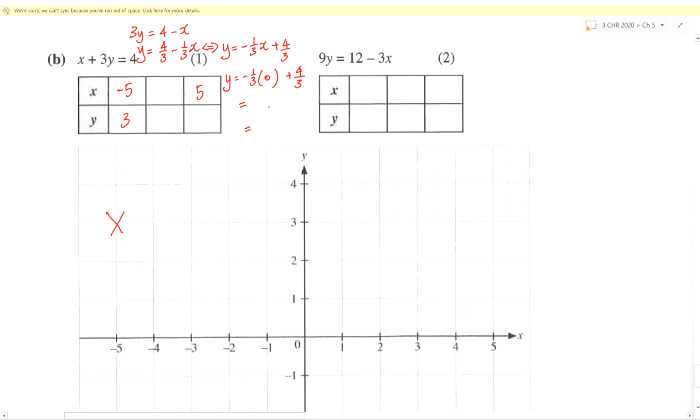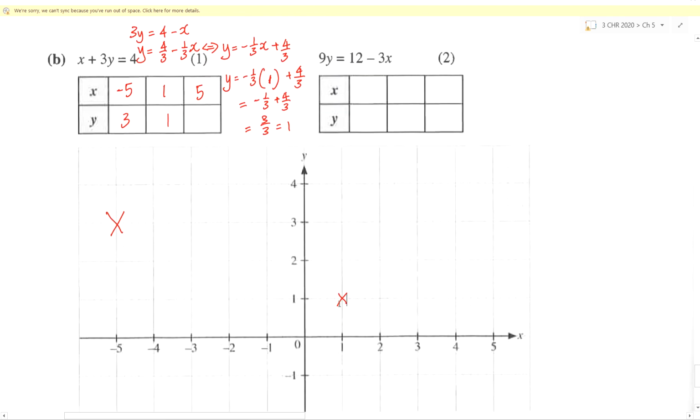Instead of choosing 0, let us choose, for example, 1. When x is equal to 1, y will be equal to negative 1/3 plus 4 over 3, which is 3 over 3, which gives us 1. So when x is equal to 1, block 1, our level is also 1.